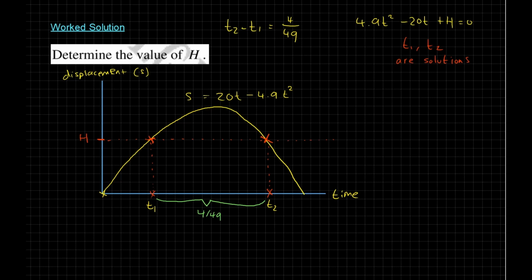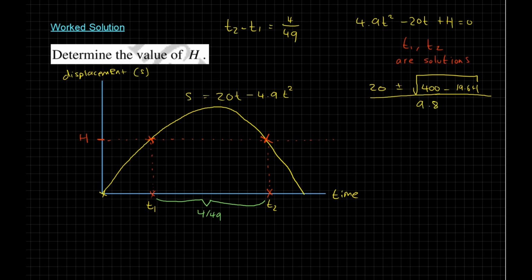So minus b, that's 20, plus or minus the square root of b squared, that's 400, minus 4a times c, so that's minus 4 times 4.9 times h, that's minus 19.6h, all over 2a, so that's 9.8.